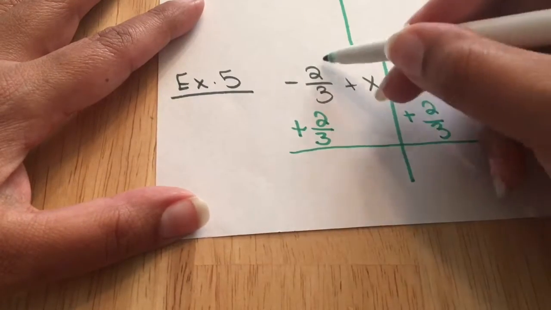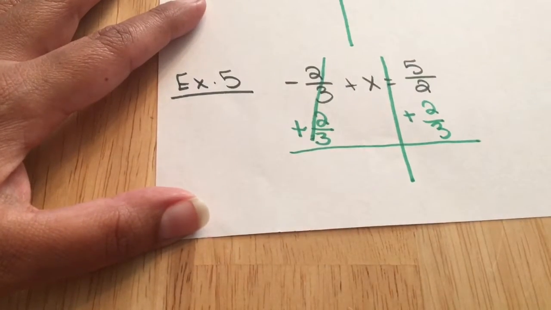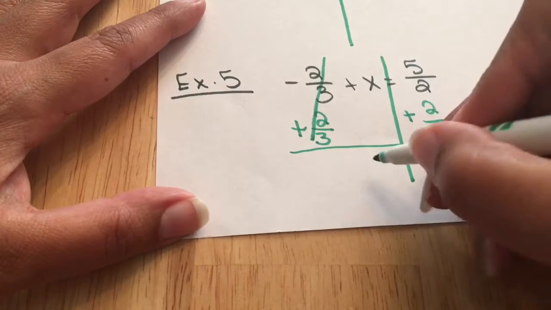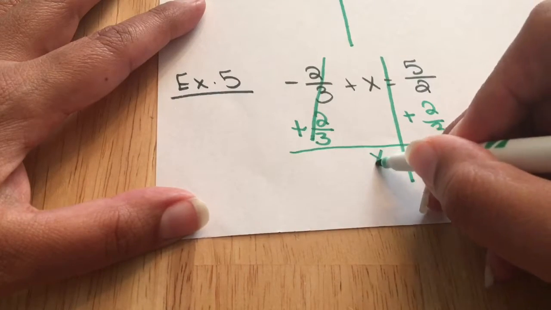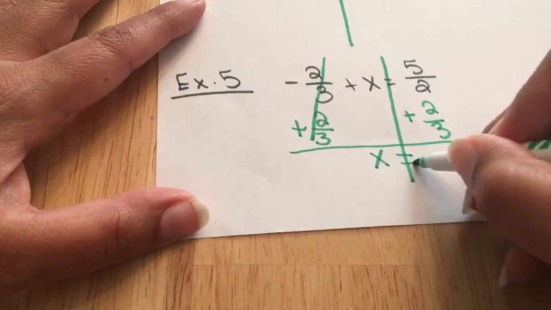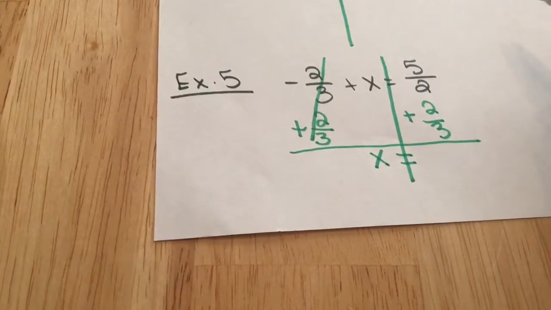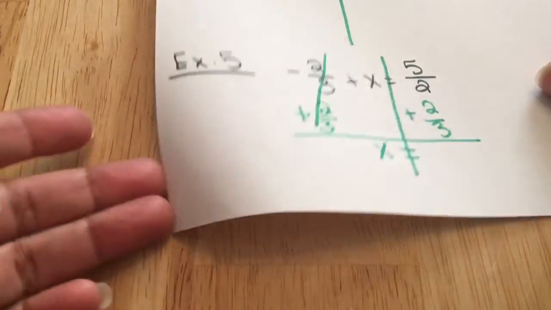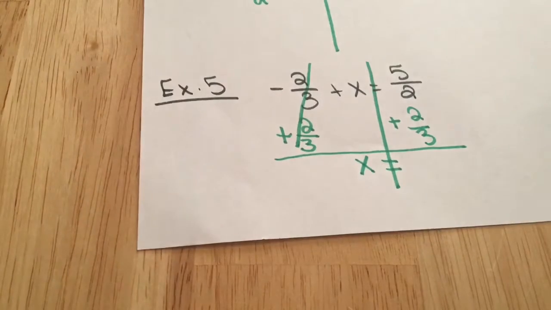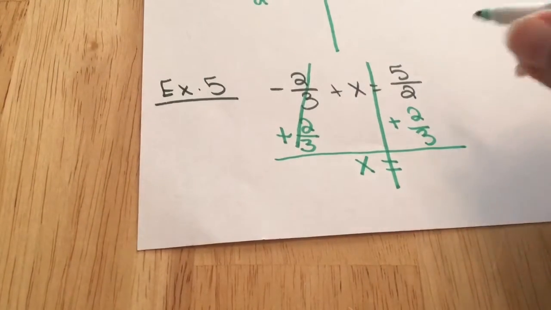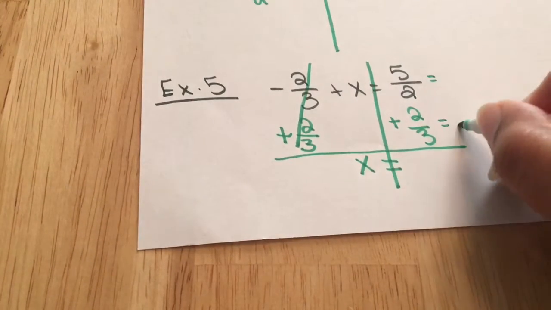On my left side, negative 2/3 and a positive 2/3 is completely gone. It's going to be 0, so we can just cross it out. We're going to bring the x down since nothing happened to that. And on the right side, we have 5/2 plus 2/3. Now remember, this is fraction addition. We're solving equations, but we still need to remember our fraction addition rules. So before we even add this, we have to make like denominators.